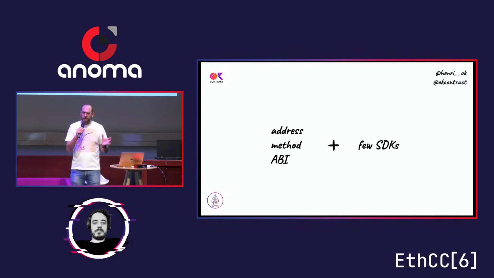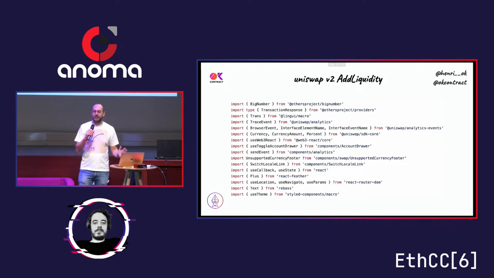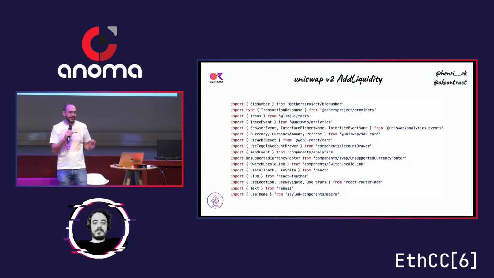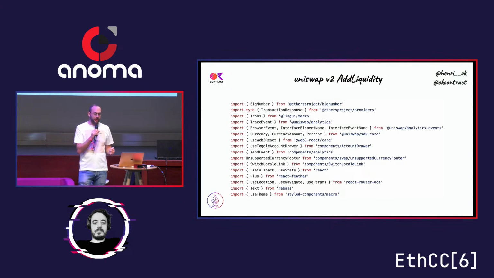But maybe if you want to deal with more complex and real stuff, you need more than a few SDKs. So let's look at a real example: the implementation of Uniswap v2 for one contract, the router, one method, add liquidity, and their React.js implementation. We see here exactly what we said.